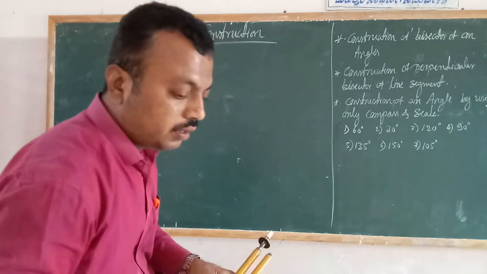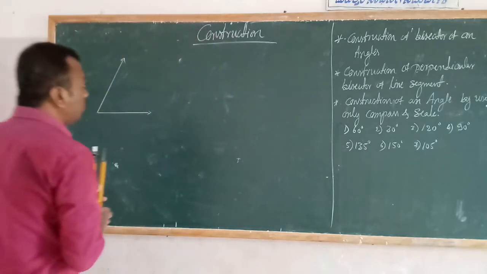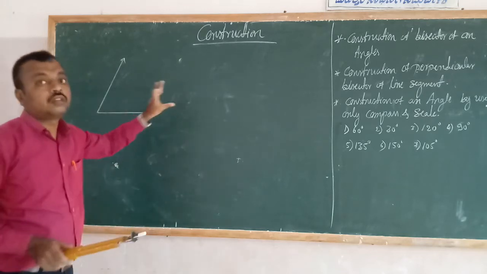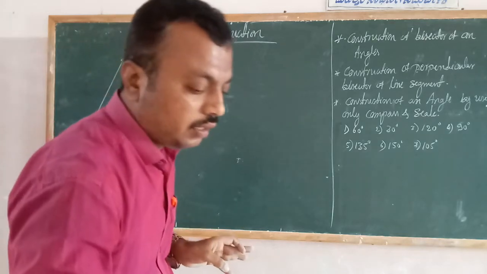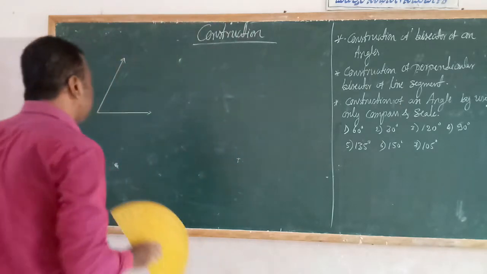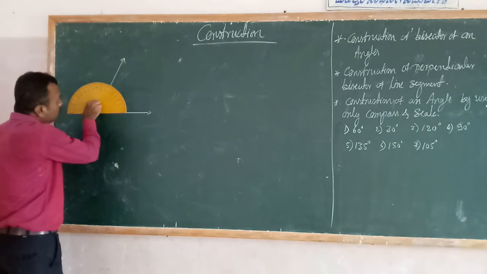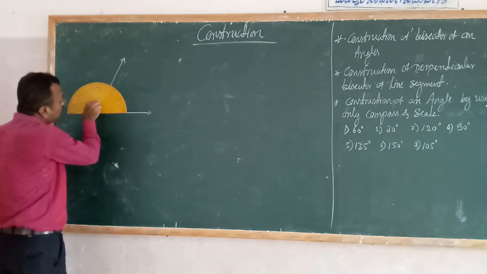But by using only the compass and scale, like this you have to measure the angles. So I will measure it now. How much angle is there? It is 64 or 63 degrees.